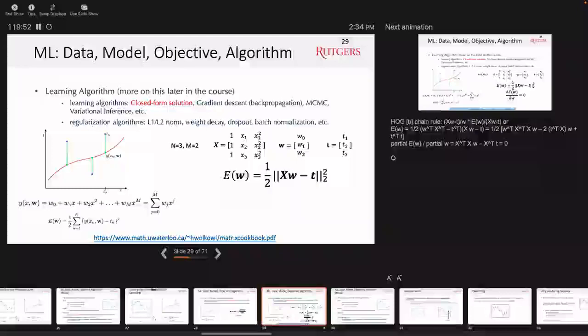To do this, the first step we have is to write it in the matrix form. And after we write it in the matrix form, we can use some linear algebra to conveniently solve for the optimal W. So the first step is to write it in the matrix form. How do we do that?